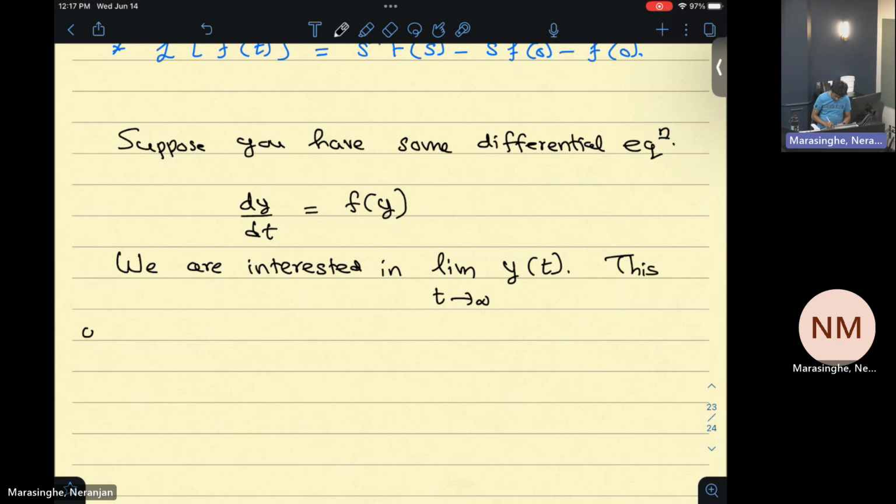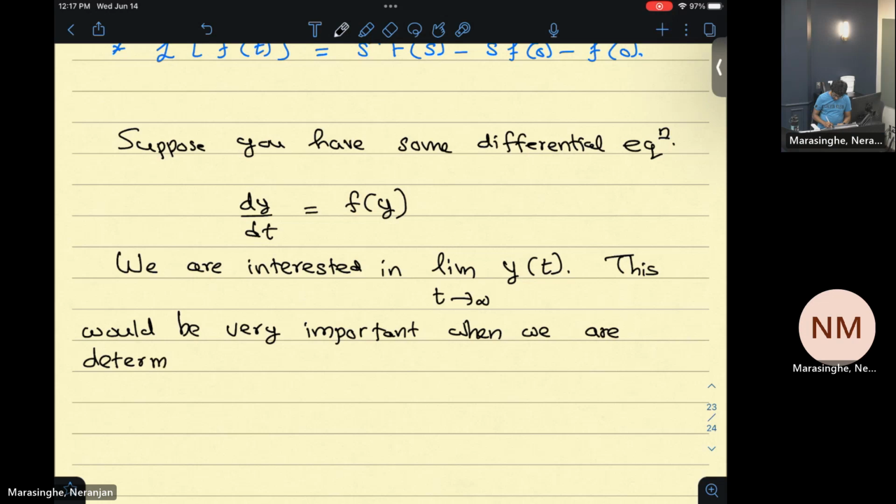This would be very important when we are determining the stability of the system.